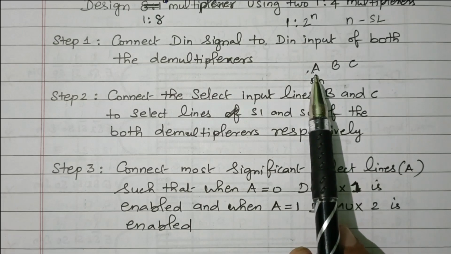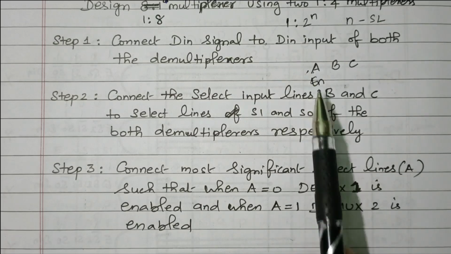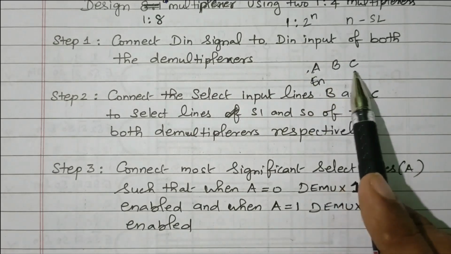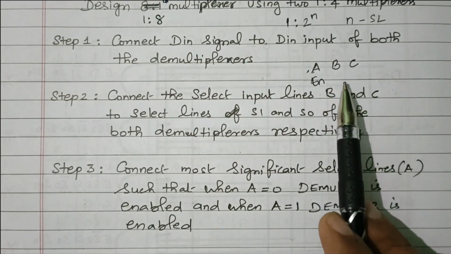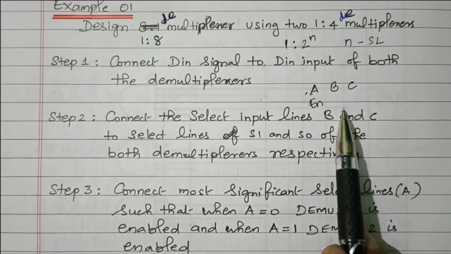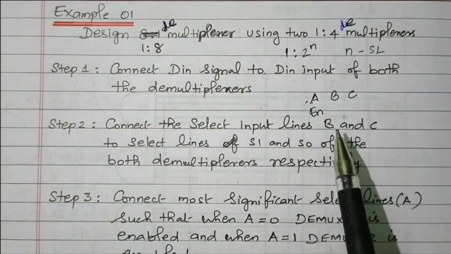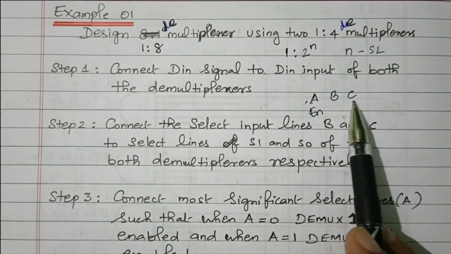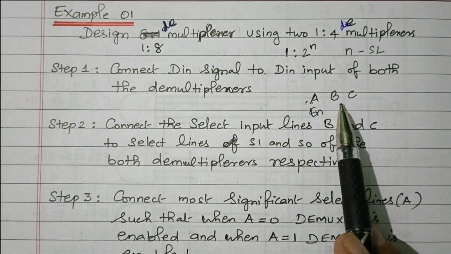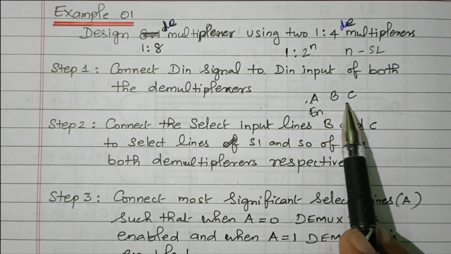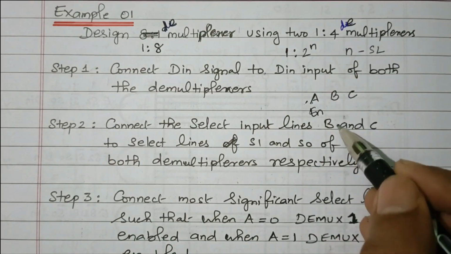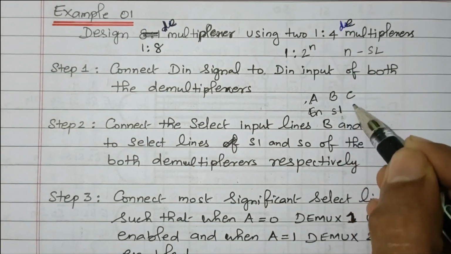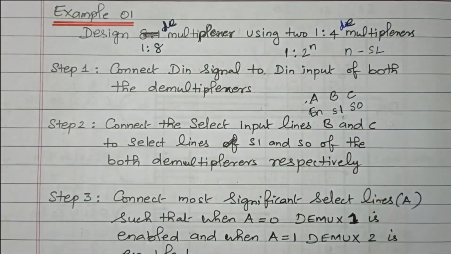So the signal A is used for enabling the demultiplexer. Then B and C are used for the selection lines. For a 1:4 demultiplexer, we need only 2 selection lines. So B and C are used as the selection lines of both demultiplexers. For example, B is used as S1 and C is used as S0, right?